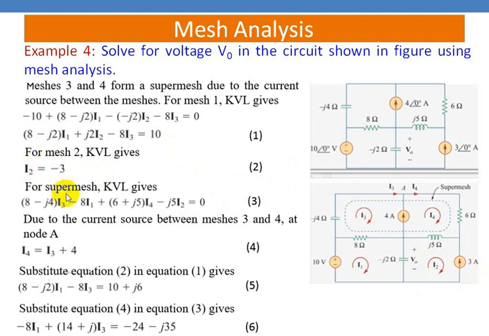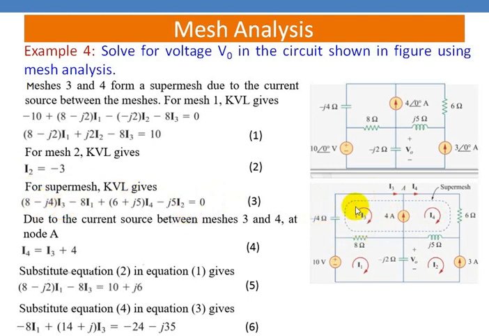Now for the super mesh, KVL gives. So for this super mesh, I'll tell you how to write this. For I3, for this particular mesh, you add all the elements, that is resistance and reactances in this mesh. That is 8 minus j4 into I3. This is the first step.